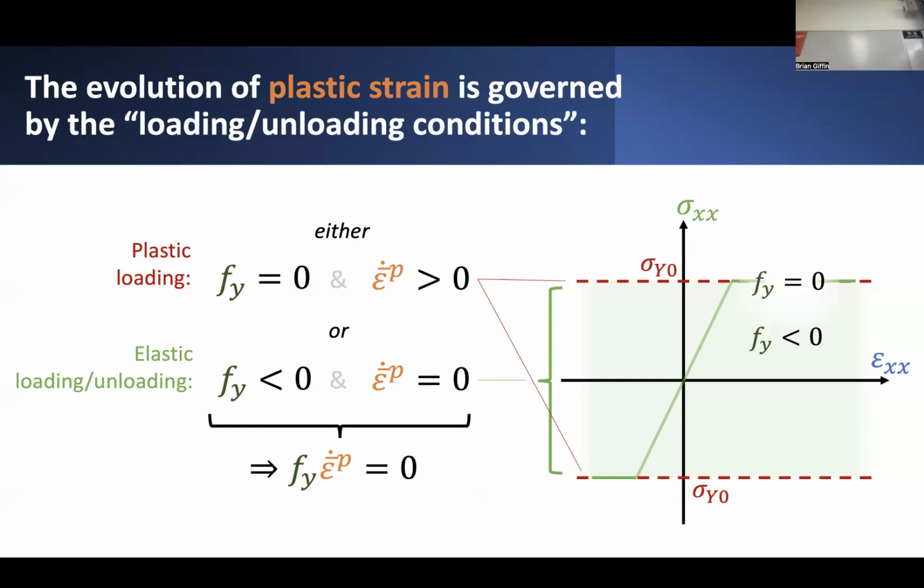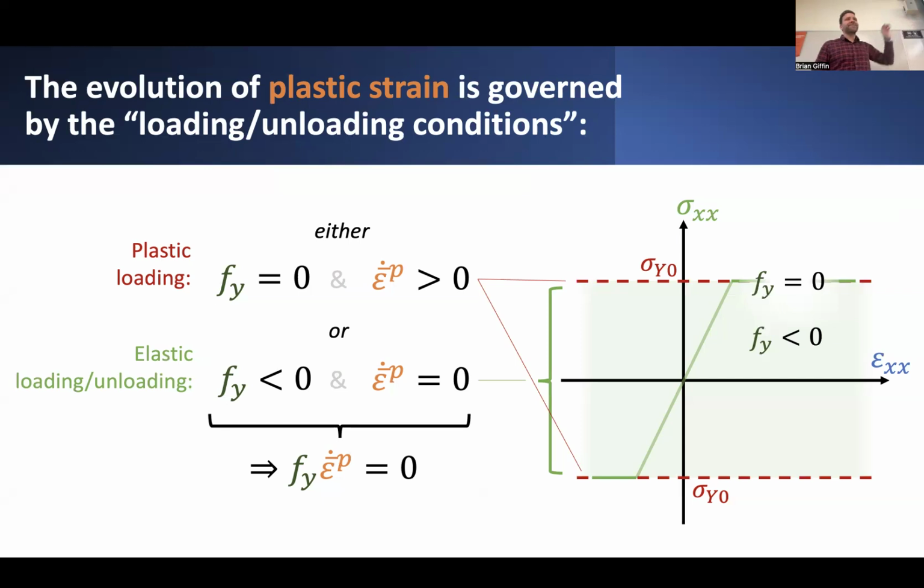But certainly Fy and the rate of equivalent plastic strain, those two things can't be non-zero at the same time. So one of these two things has to be equal to 0. But if one of them is 0, then the other one could potentially be non-zero. It's another way to interpret this, enforcing these as mutually exclusive conditions.